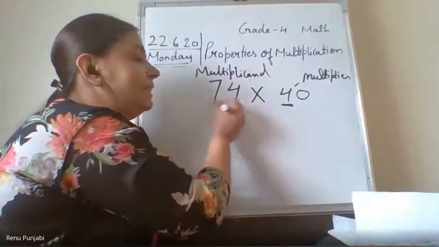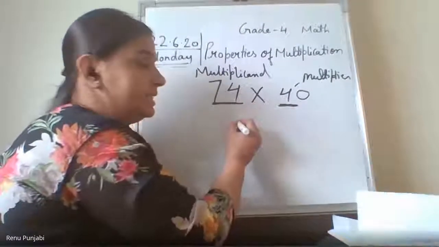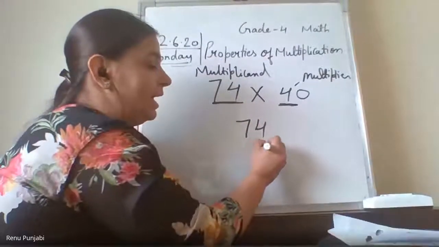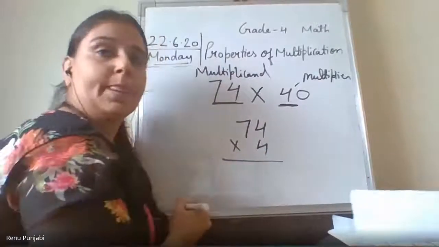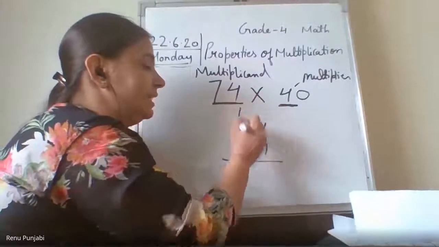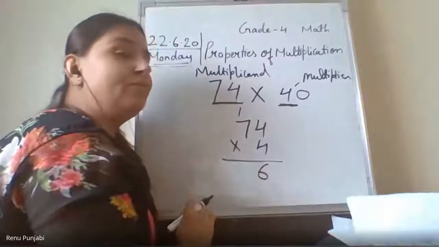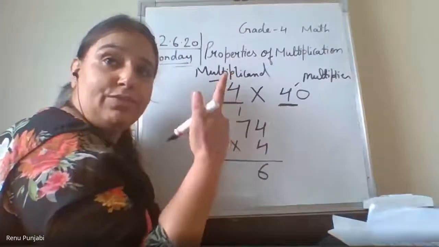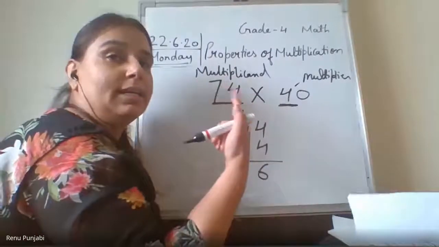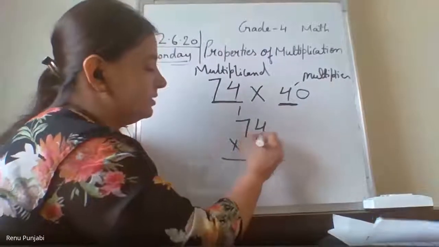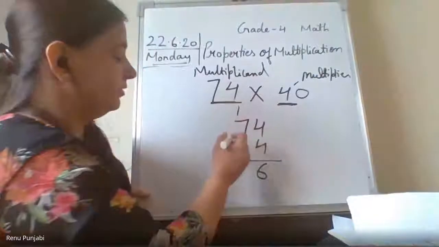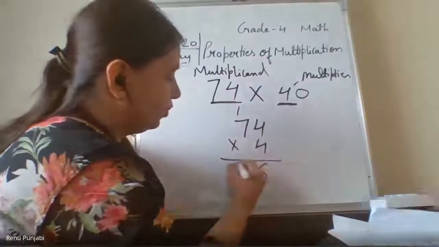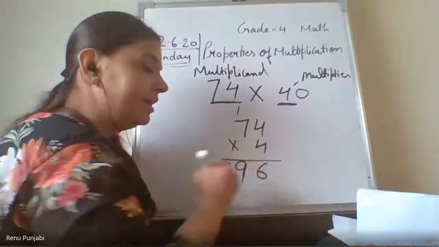First, multiply this number with this number. 74 multiplied with 4. 4 4s are 16. 7 4s are 28 plus 1 is 29.